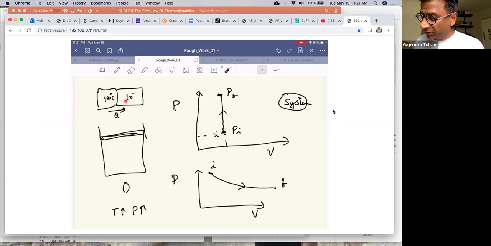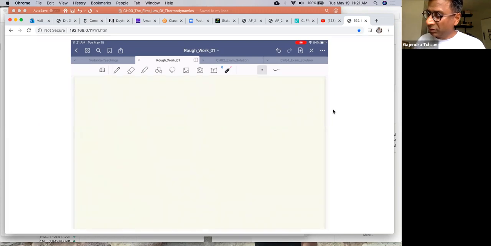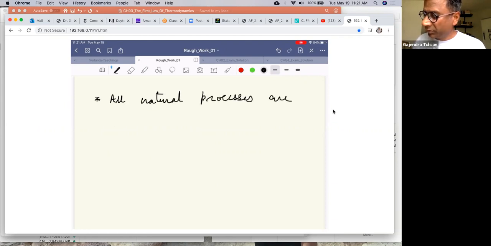And also, certainly you cannot go back to the original state on its own. So all natural processes are irreversible.